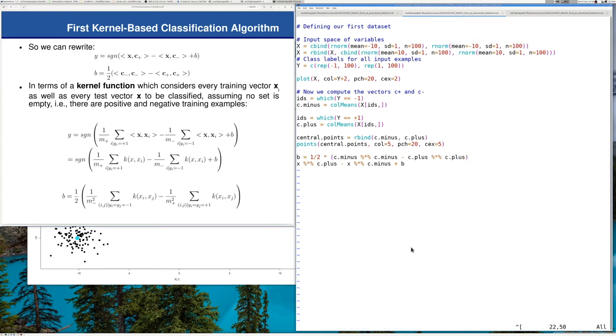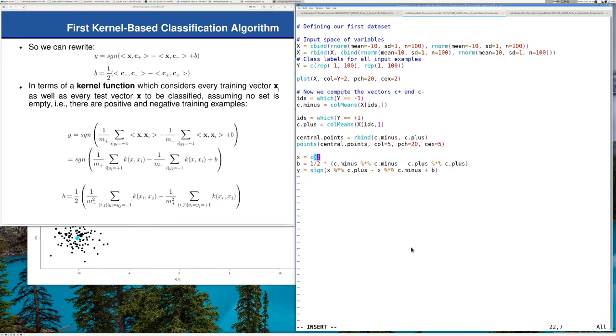Let's see the results. This is nice, okay? My final result will be given as y in terms of the sign function of this. What is x? Could I, for example, compute for multiple x's? Yeah, but let's start with some value for x.